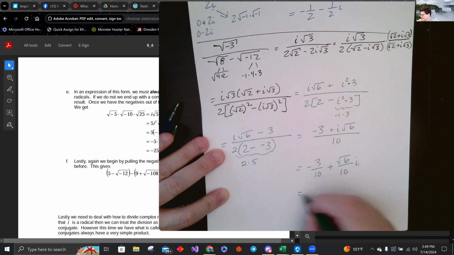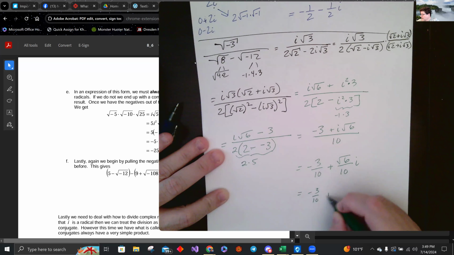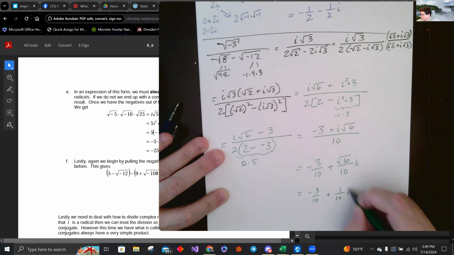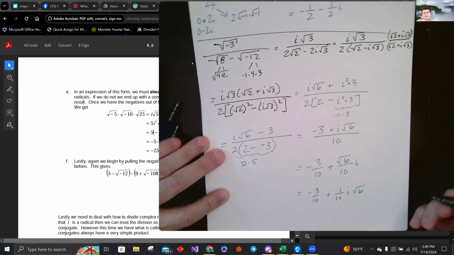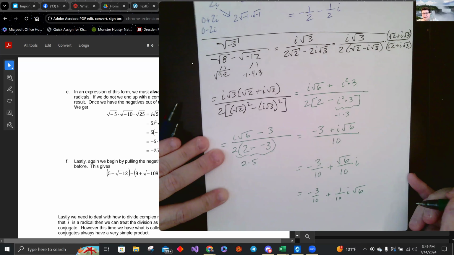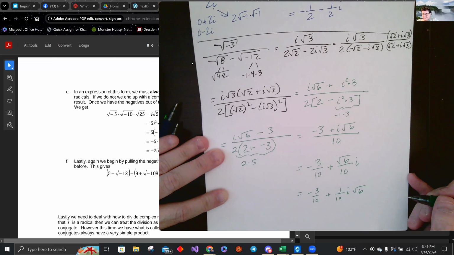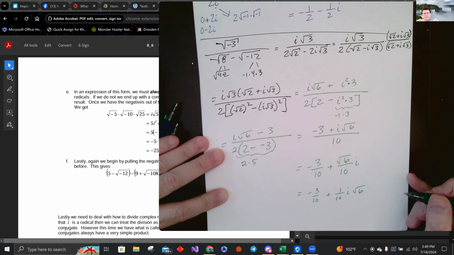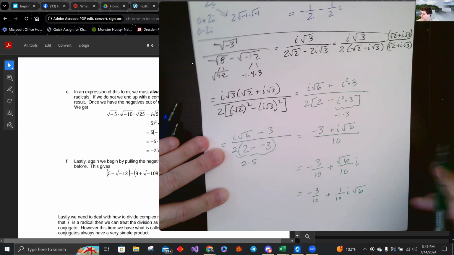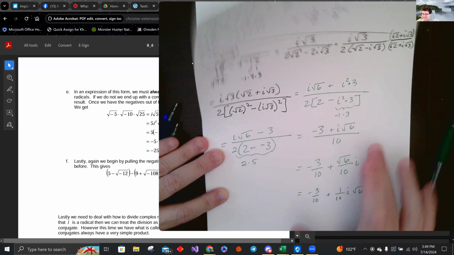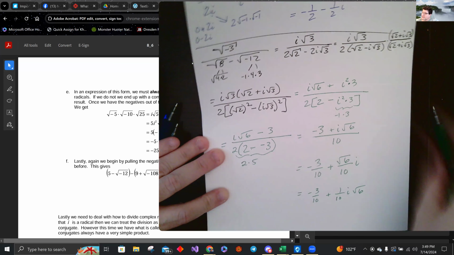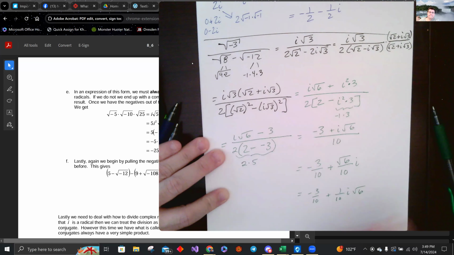Another way of writing this is 1/10 i root 6. Some people like to have the radicals at the end. Not sure which form the homework wants, but any of these is actually the correct solution. All right, peace.